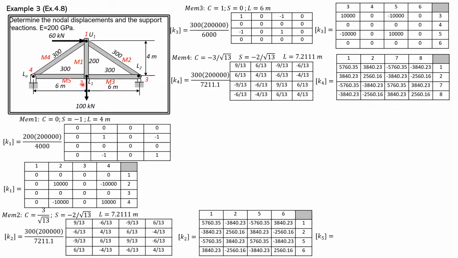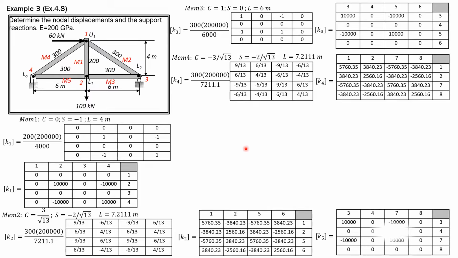Number 5 is 2 to 4, so it's going left, so its cosine is negative and its sine is 0. The length is 6 meters. So here we go for member 5.